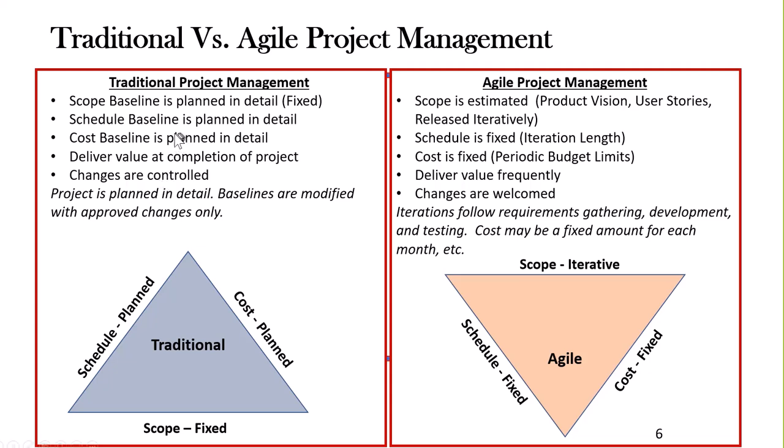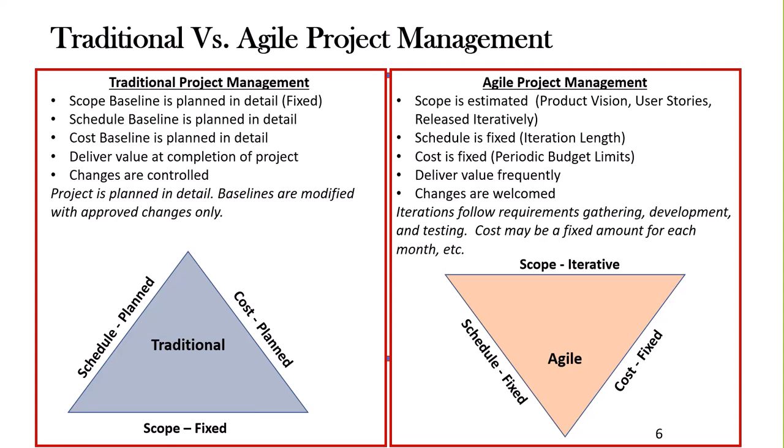In a traditional project, we have what's called the iron triangle or the triple constraint. Now this is traditional. This is a predictive type project. First of all, we have a scope that is fixed, right at the bottom of that. You can see that.